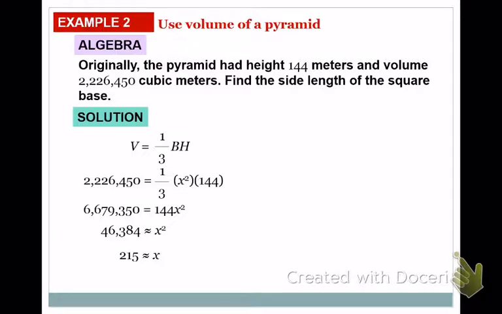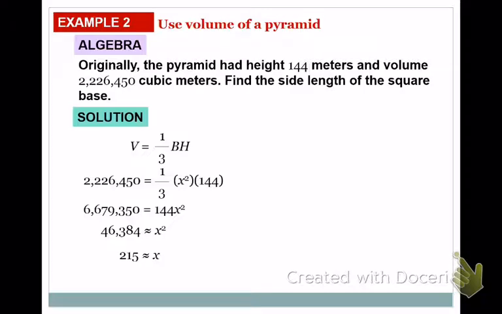So our numbers were a little off. They did rather than multiply 144 by 1/3, they multiplied this by 3, and then divided by 144. Same result, just different order.